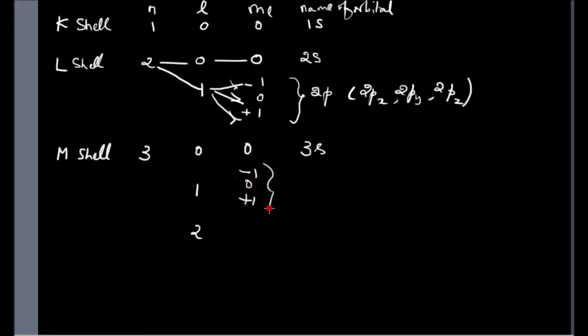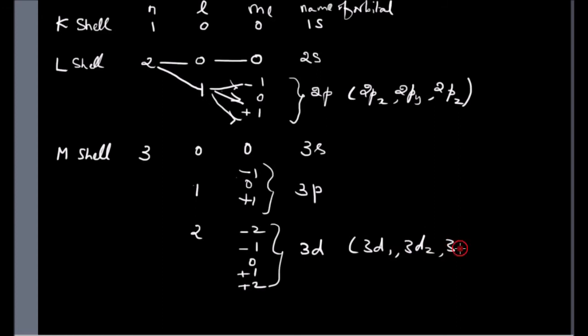The set of p orbitals, 3p orbitals, called 3px, 3py and 3pz. And for L is equal to 2, you will have minus 2, minus 1, 0, plus 1, plus 2. These 5 orbitals together are called 3d orbitals. These are called 3d1, 3d2, 3d3, 3d4 and 3d5.